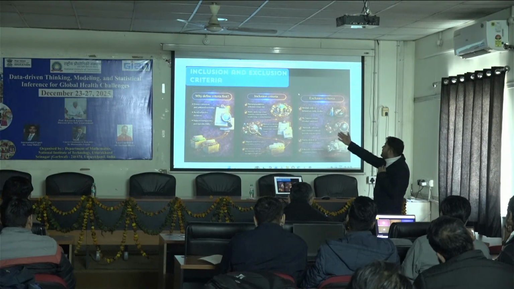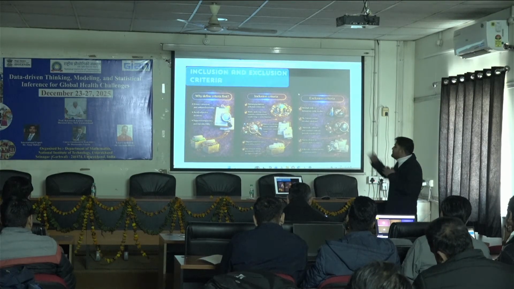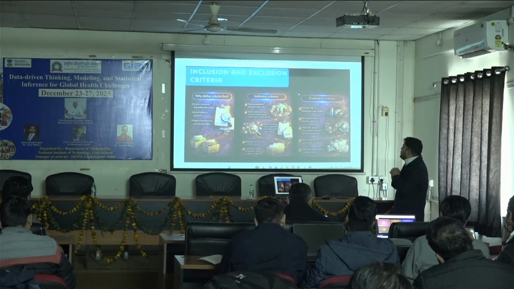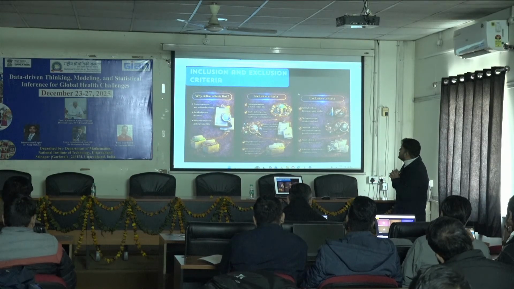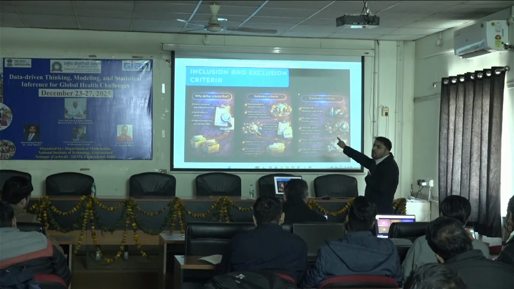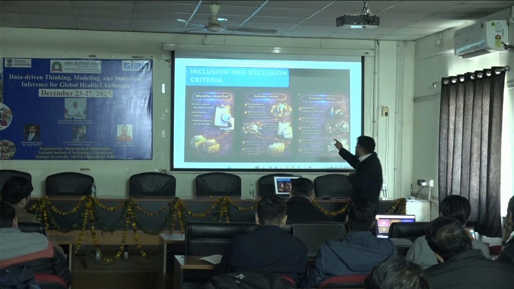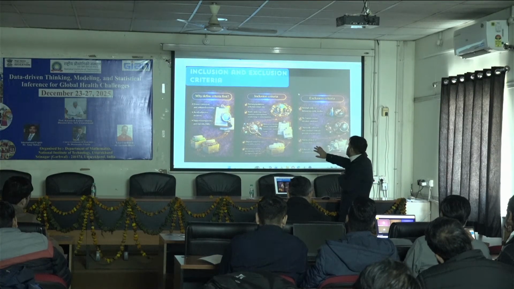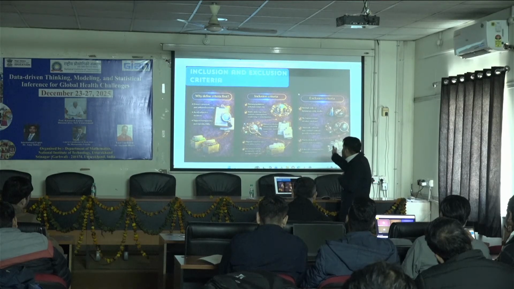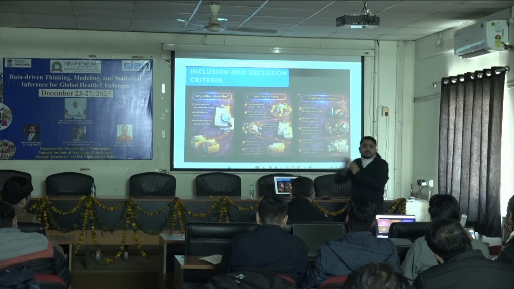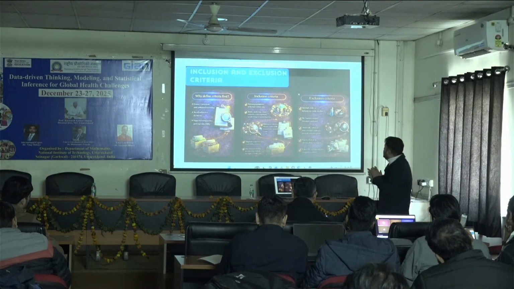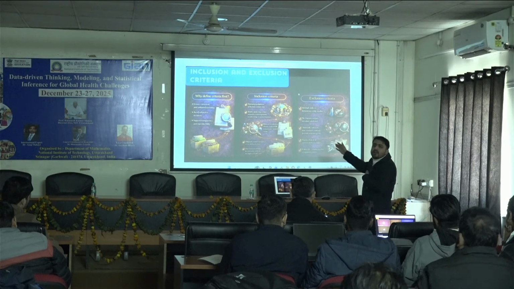For example, in our question which I'm discussing from the start, the inclusion criteria should be that we are talking about human populations here. Studies which are analyzing contact networks, contact patterns, social mixing, or contact matrices. This is what we want to study, right? Then relevant to infectious disease.